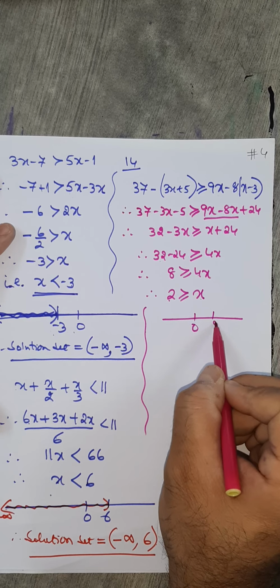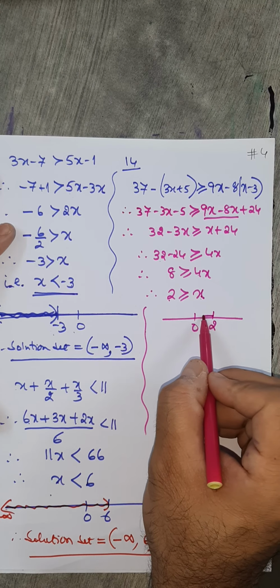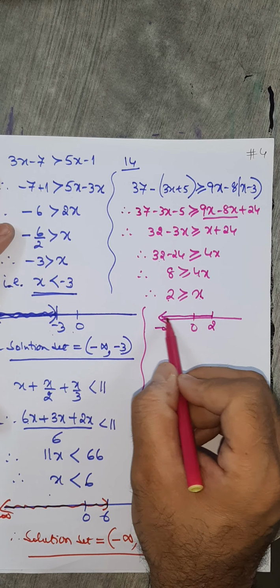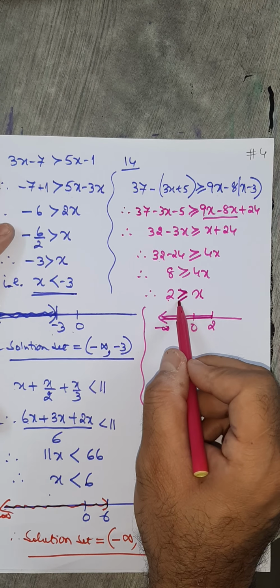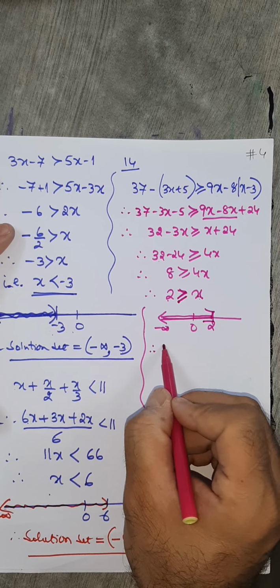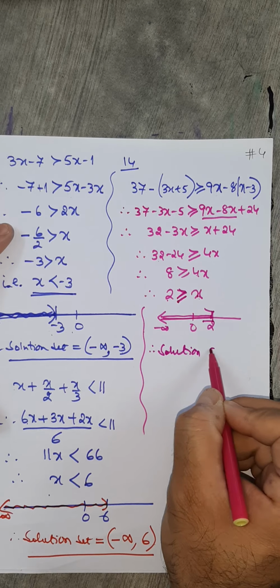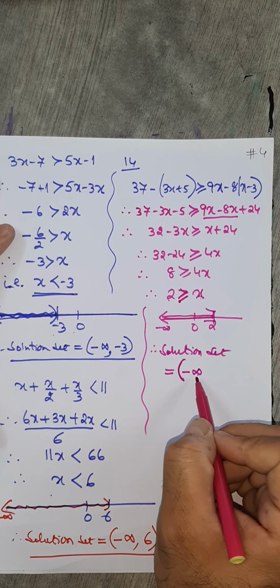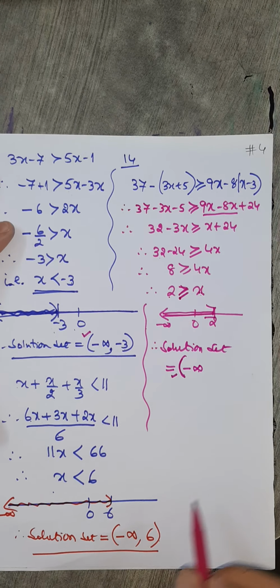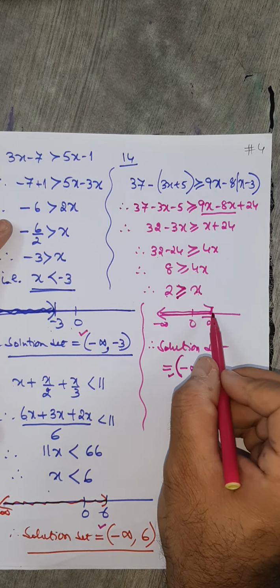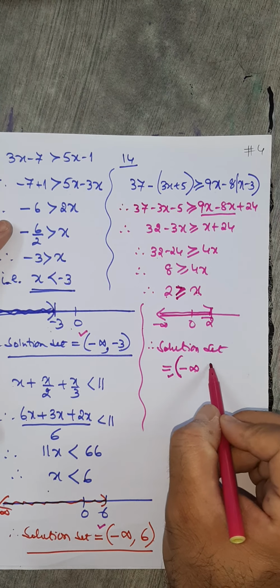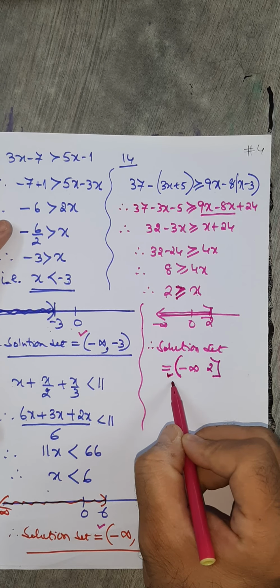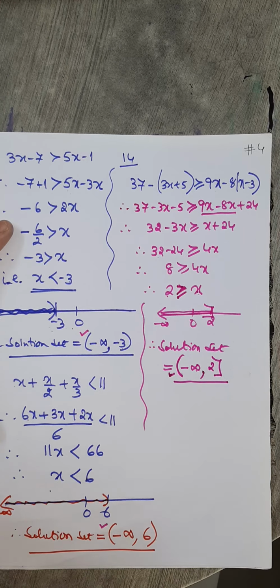If this is 0 and if this is 2, then x should be less than 2. So it can be any number. This side goes to minus infinity. But here there is a greater than or equal to symbol, that is, the value of x should be 2 or less than 2. So 2 is included here, remember. So in this case the solution set will be, it goes up to minus infinity. At infinity it is always an open interval, remember. You see, open interval. But here there is an equal to, so here a closed interval will come, remember. Minus infinity to 2, this is a closed interval.